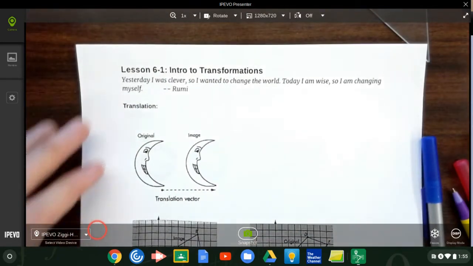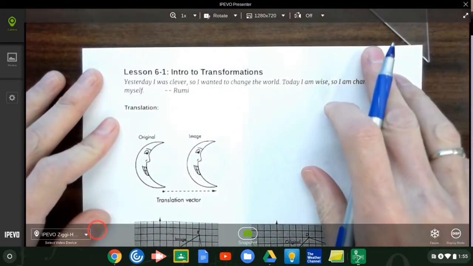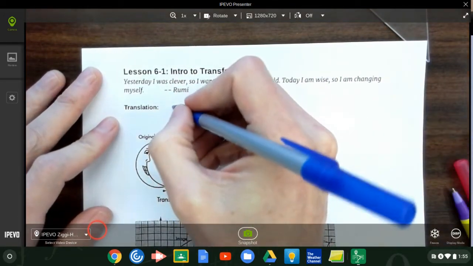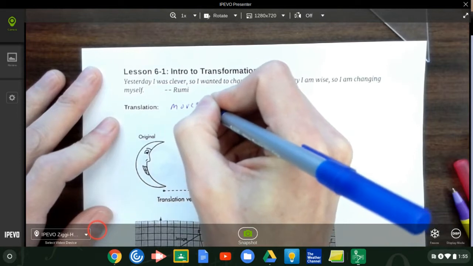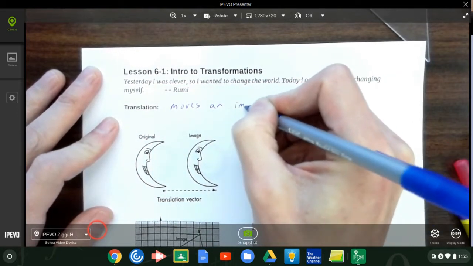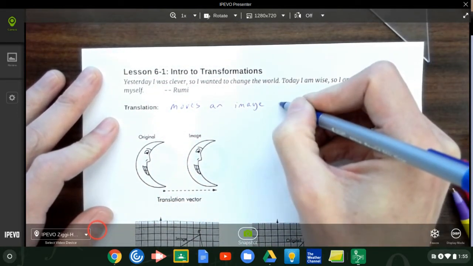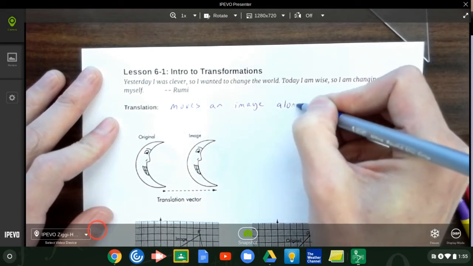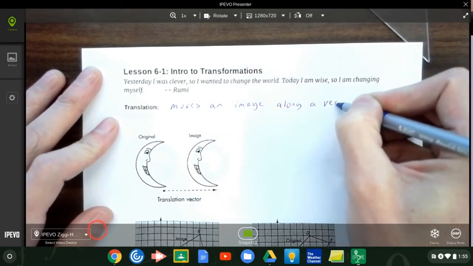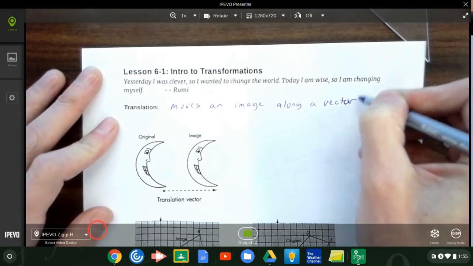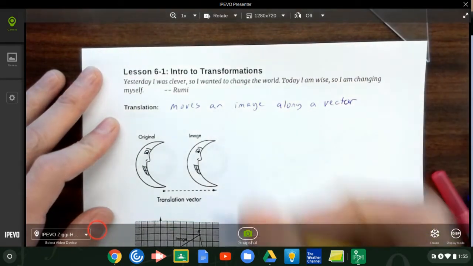When we translate things, really a translation is the simplest one to move, and really a translation moves an image along a vector. Okay? Now we might have to define a vector here, okay?